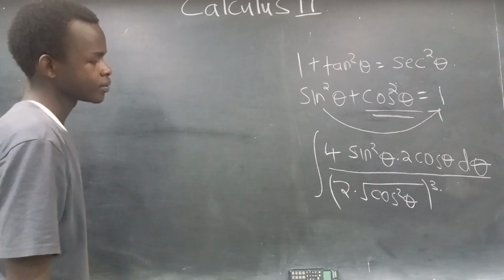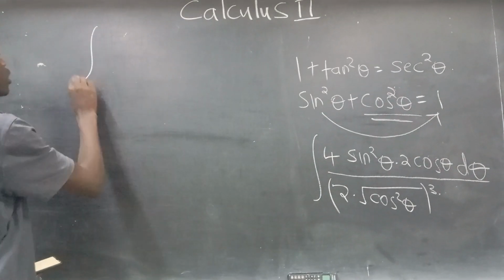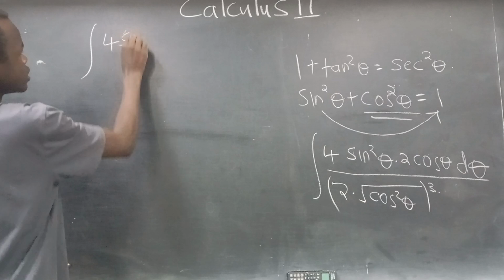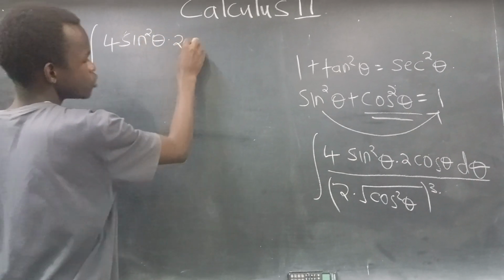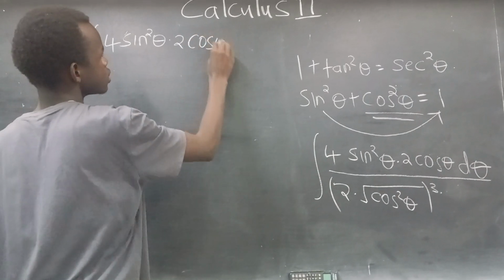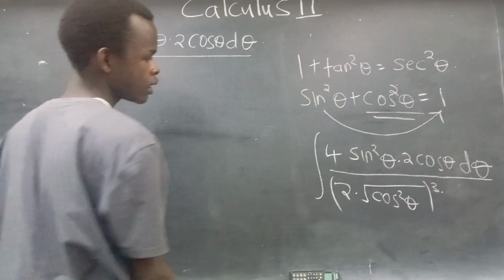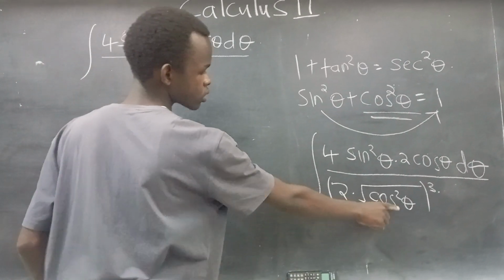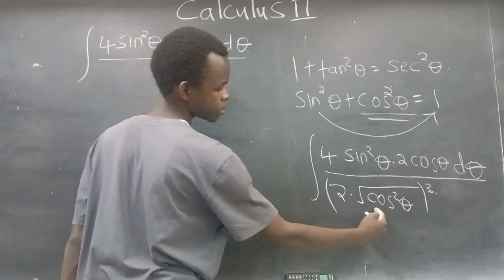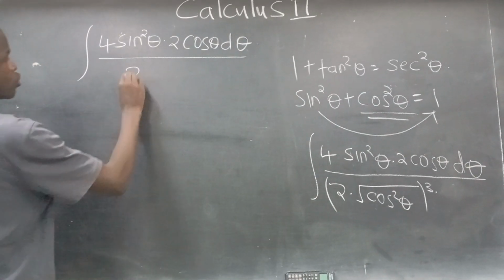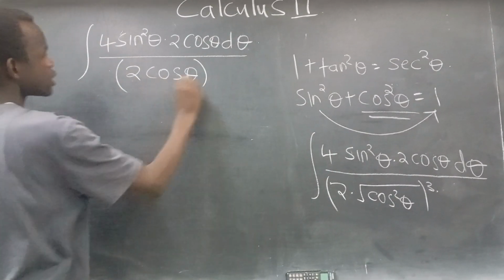So from there, we'll get the integral of 4 sine squared of theta multiplied by 2 cos theta d theta divided by, what's the square root of cos squared of theta? The power 2 cancels with the square root, so it will just be cos of theta. So it will just be 2 cos of theta, and don't forget to cube that.